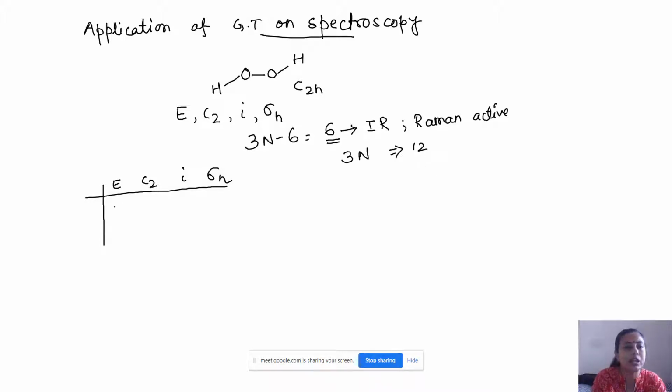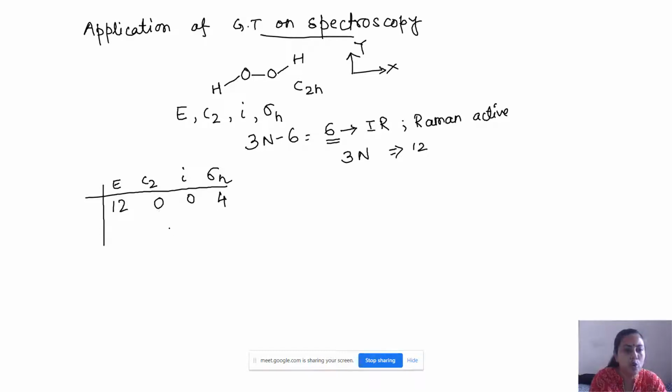Under the E operation it is going to be 12, under C2 it is 0, under i it is 0, and for the sigma horizontal plane, let me consider the molecular plane to be XY, so sigma XY is going to be 4.